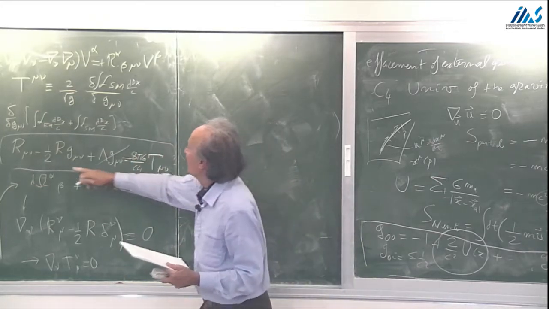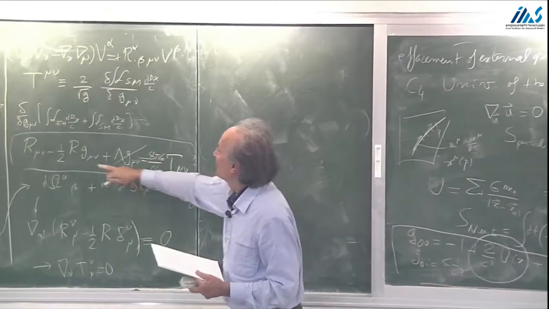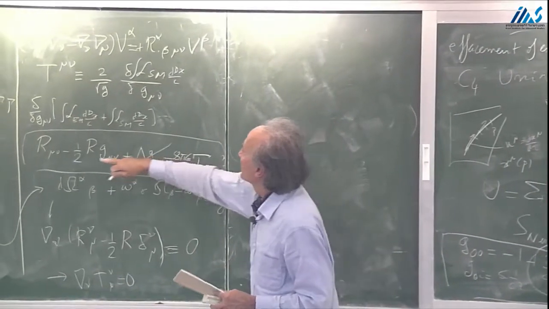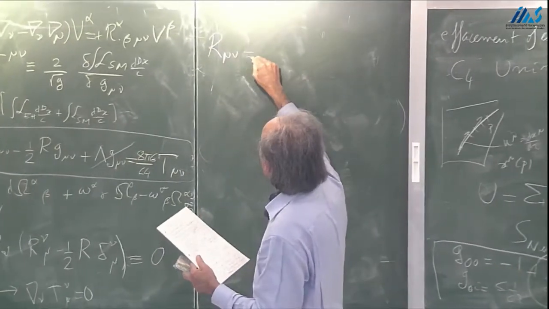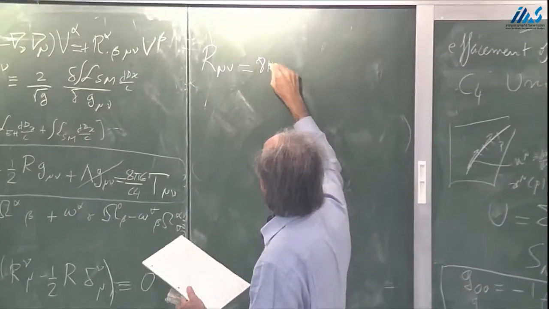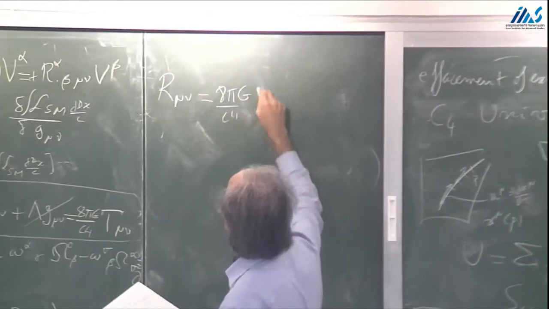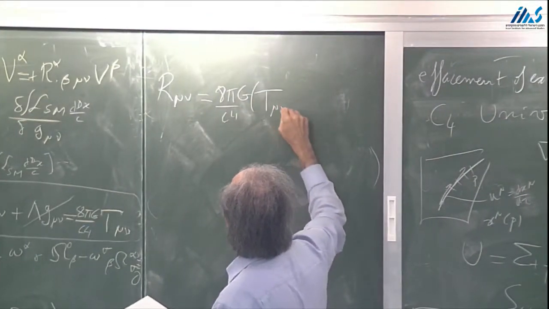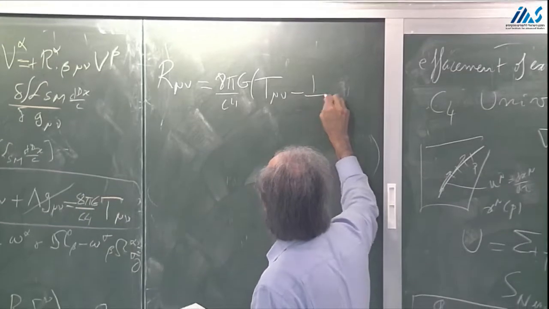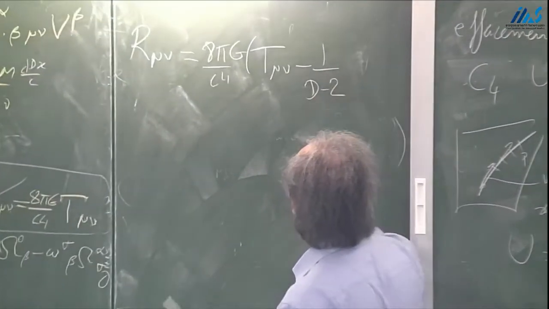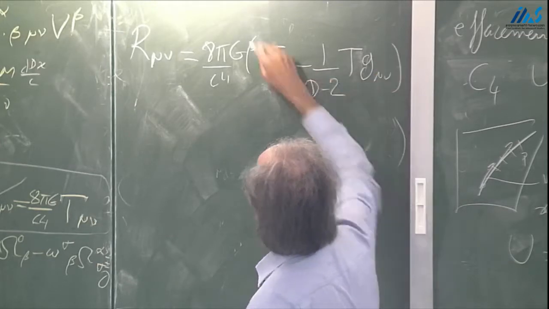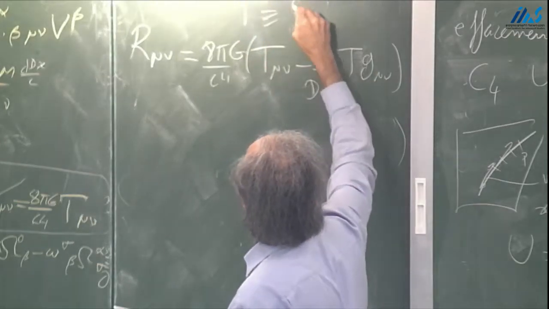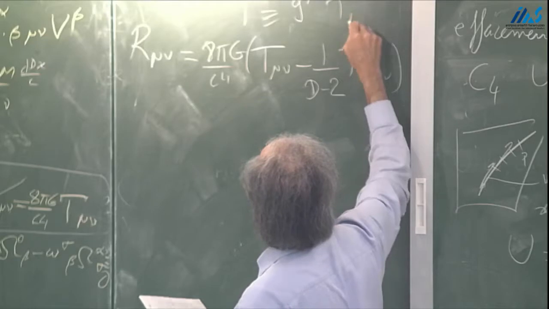Let me mention that there are two ways of writing Einstein equations: this way, or I solve for the Ricci tensor. Then Einstein equations look this way. R mu nu is equal to 8 pi G over c^4 times T mu nu minus 1 over the space-time dimension minus 2 times T g mu nu, where T is the trace with g mu nu of T mu nu.